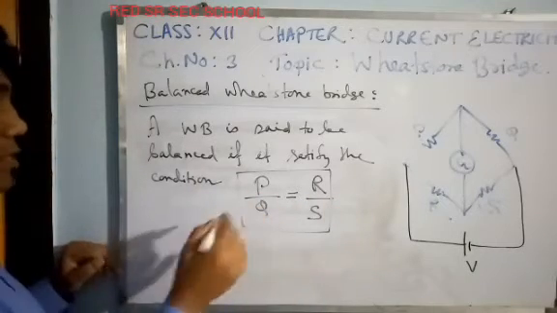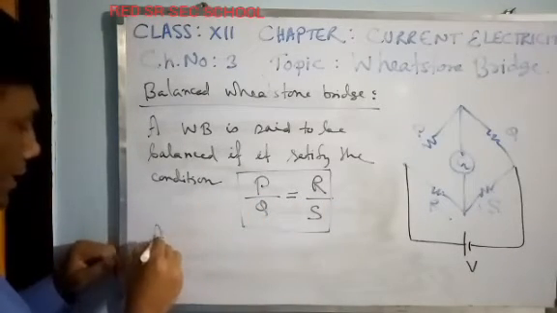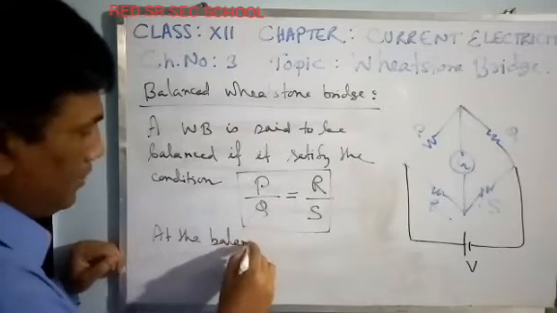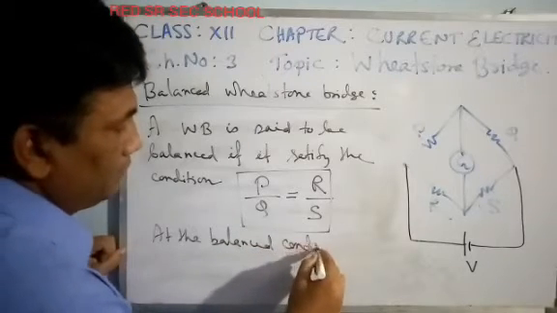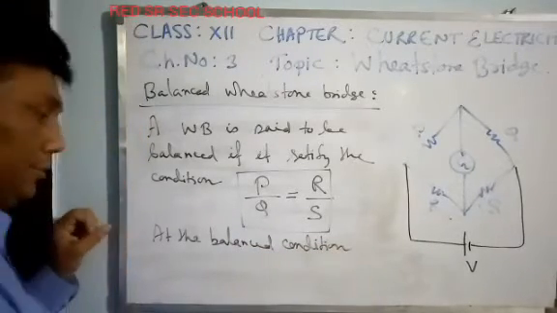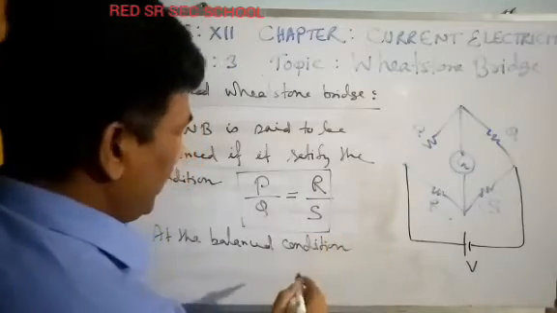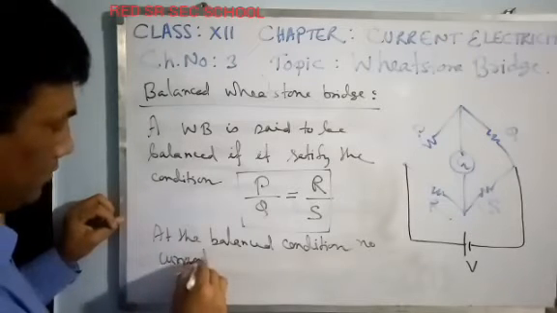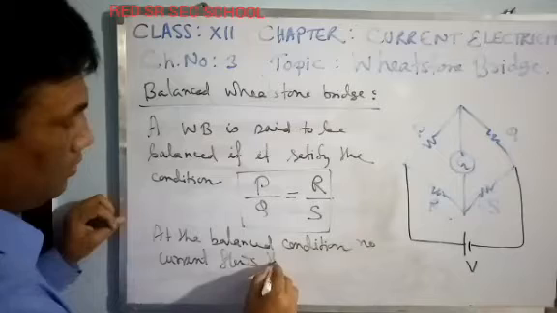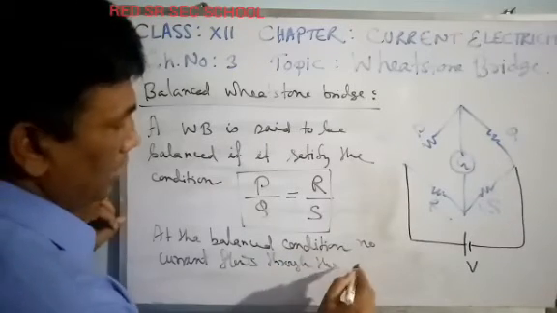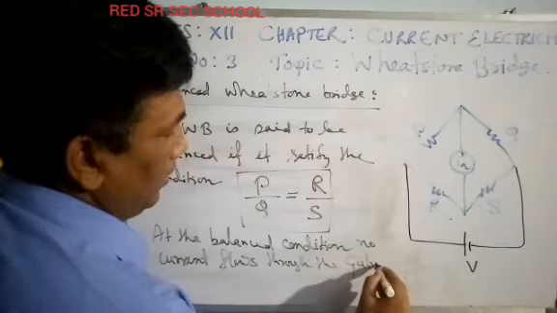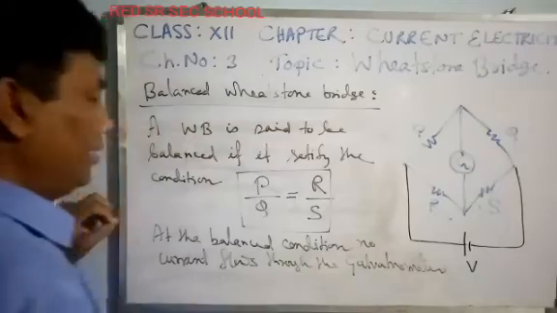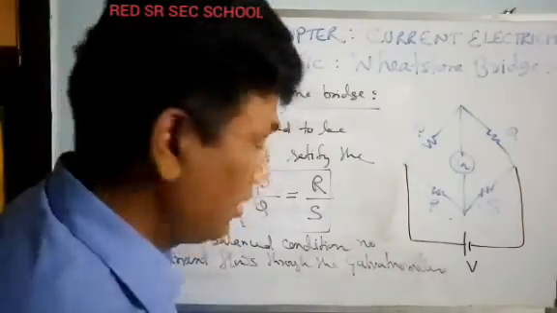You see, at the balanced condition, no current flows through the galvanometer. Why does no current flow?